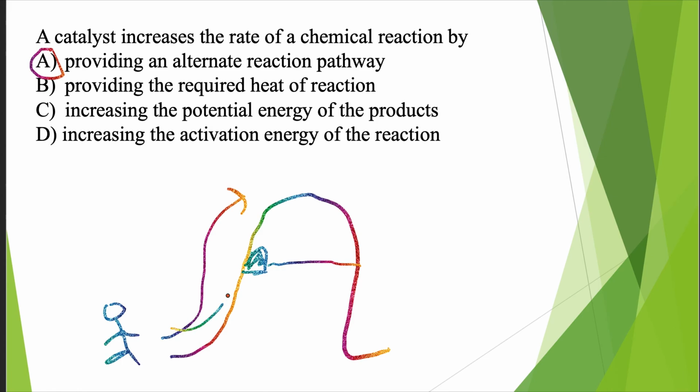So if he were to go this way instead, it would be a lot faster for him to go through the tunnel than to go over this big mountain. Okay, so that's the catalyst, the tunnel. If he would go through the tunnel, he will get there a lot faster versus going over the mountain. So it's the alternate reaction pathway.